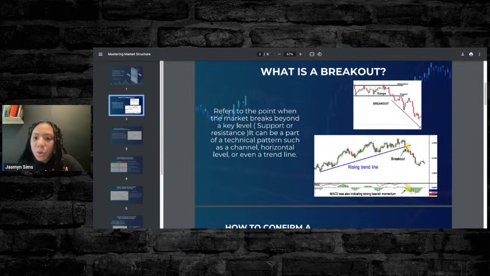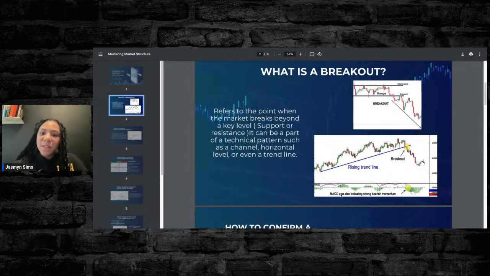So it also broke out at this trend line right here. It went down. It hasn't necessarily retested the area yet, but it probably will be here shortly. But regardless, this is still considered a breakout due to the fact that it went below the support level, which would be here on this uptrend.